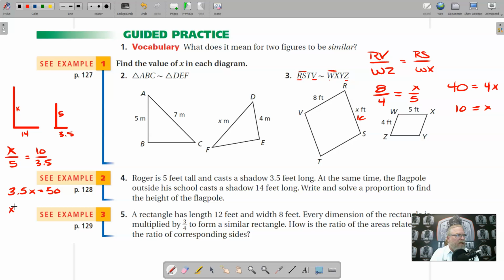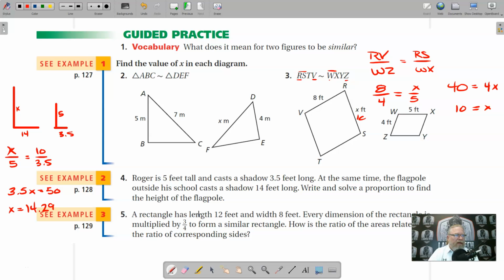Then divide both sides by 3.5. Let's see, what does that come up to? That's a nice unfriendly number, 14. We'll go 2 decimal places, 0.29. It's actually 285, but I just rounded up to 9. So it would be about 14.9.